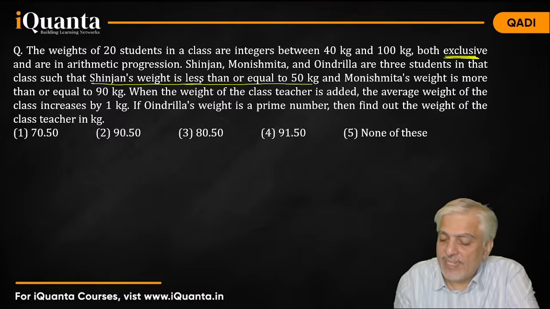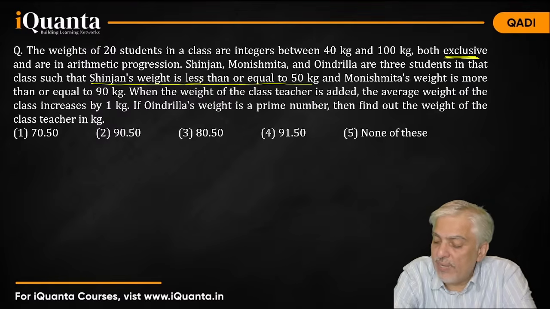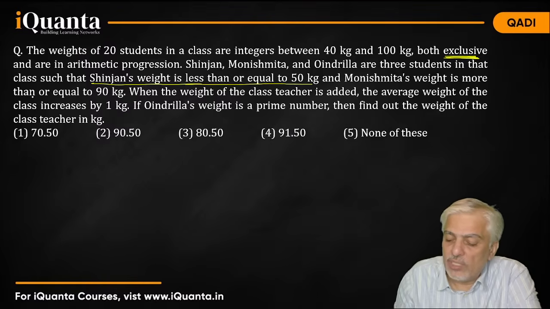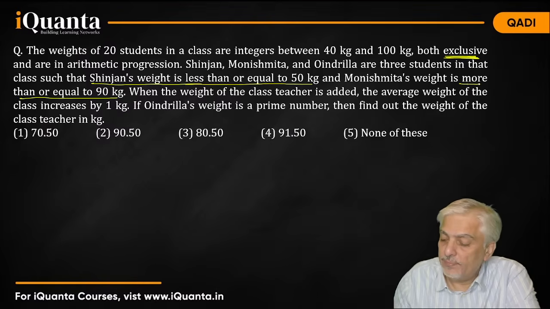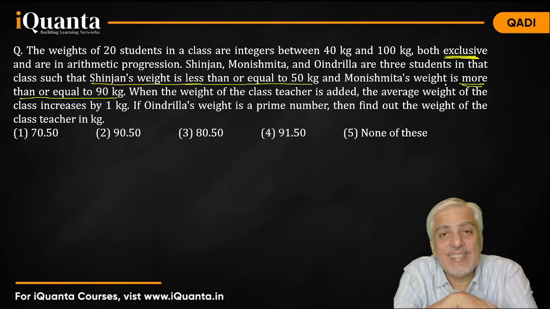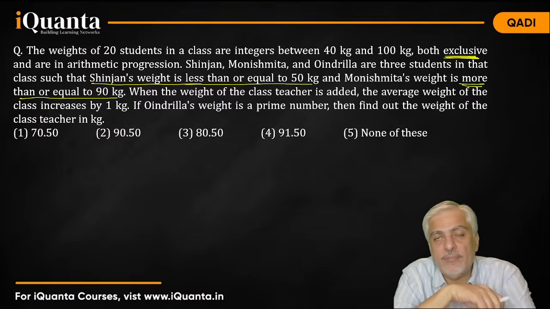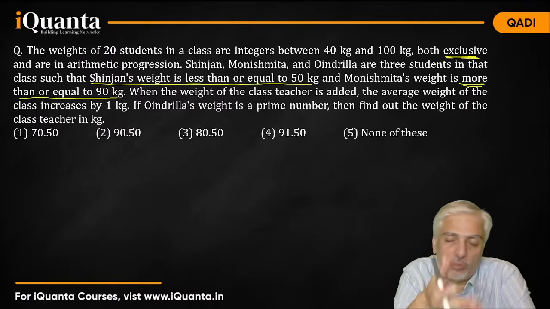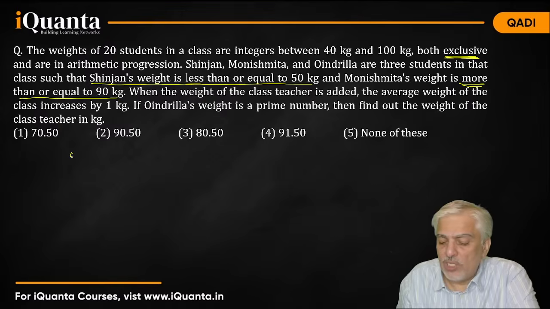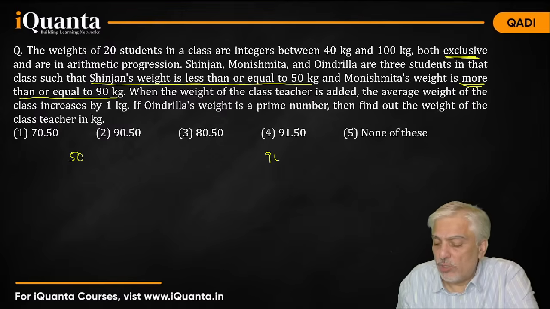Shinjan's weight is less than or equal to 50 and Monishmita's weight is more than or equal to 90. Now, understand this first part very carefully. Let's get this much part first. If somebody is 50 or more, suppose I assume the worst, maybe 50 and 90 also.